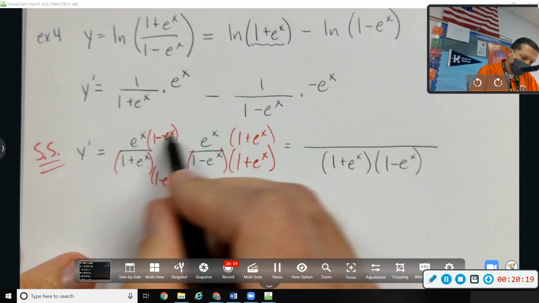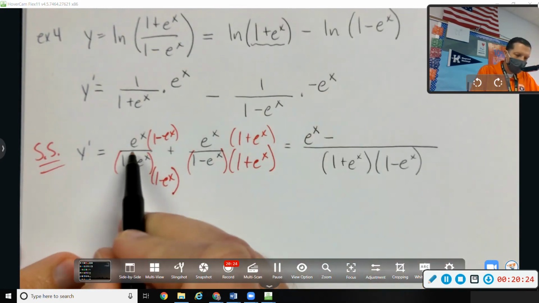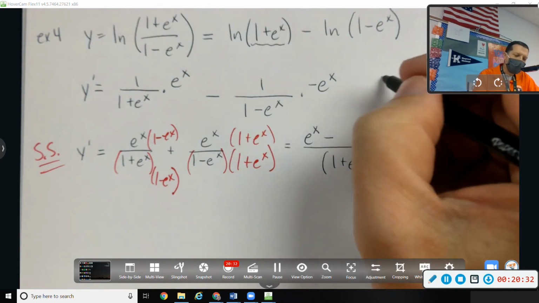And we got a mess up top. E to the x minus, what's e to the x times e to the x? Remember how to do that?